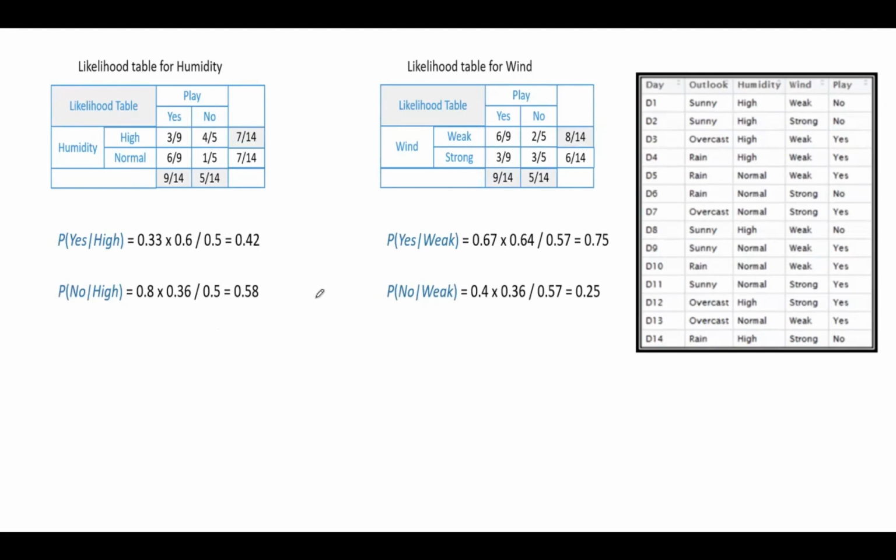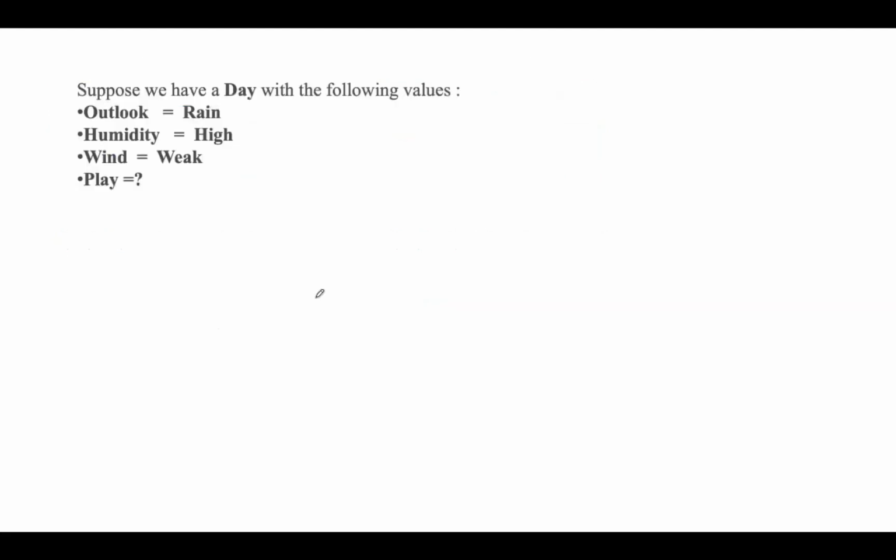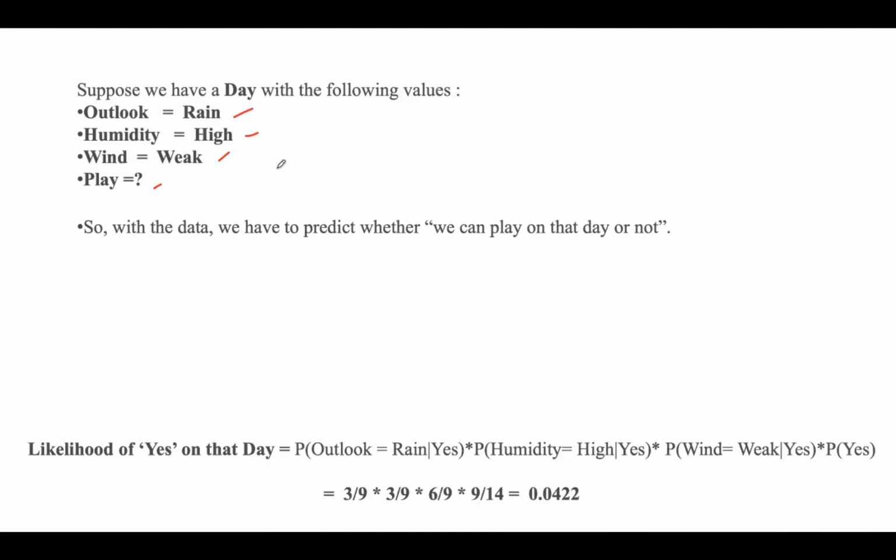After getting these values, the given question is: suppose we have a day with the following values. Outlook equal to rain, humidity equal to high, wind equal to weak. You need to check whether a person can play or not under these conditions. So predict whether we can play on that day or not.